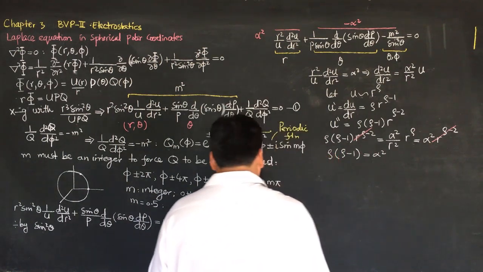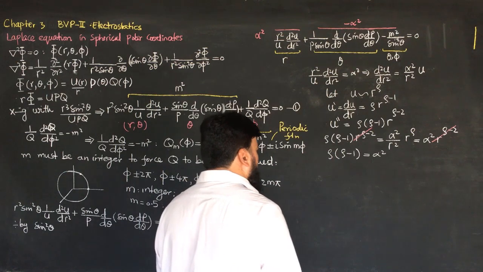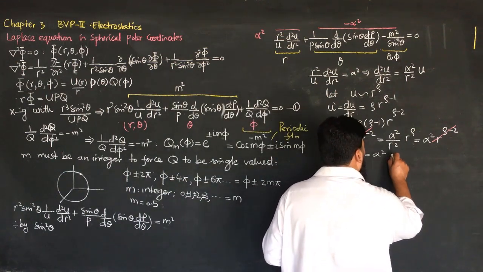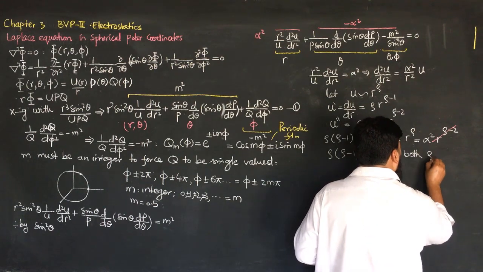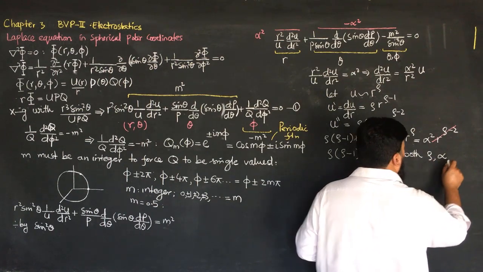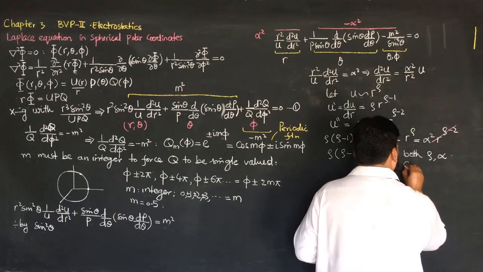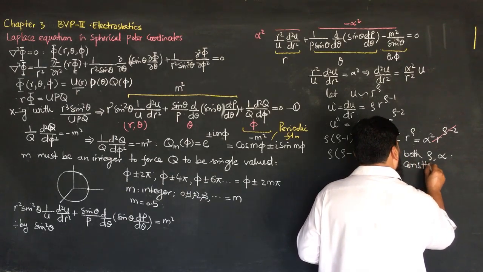Now this has to be kept in mind, that both rho and alpha are constants, the undetermined constants.